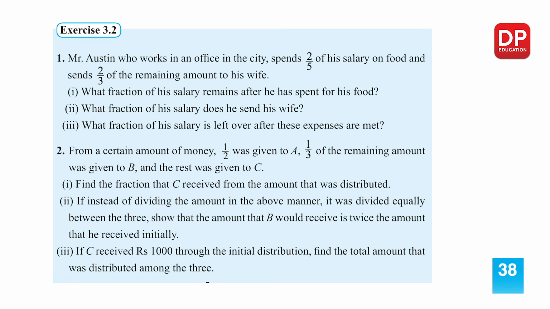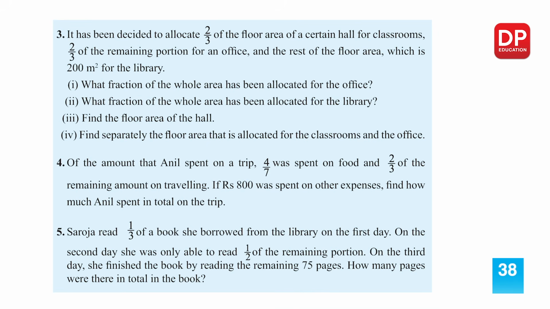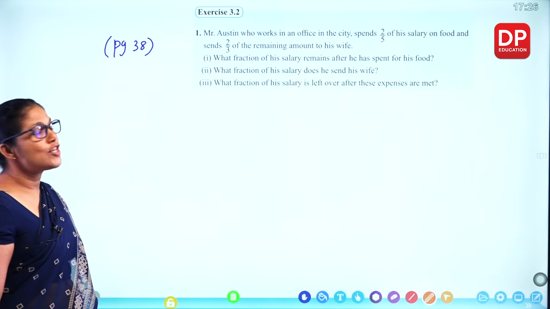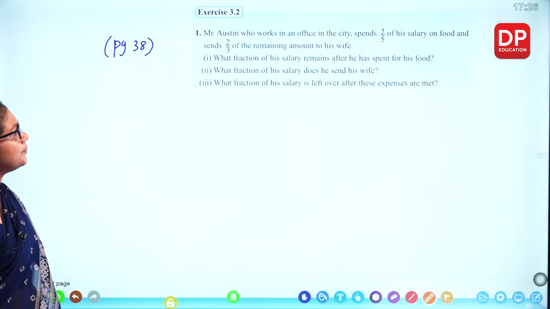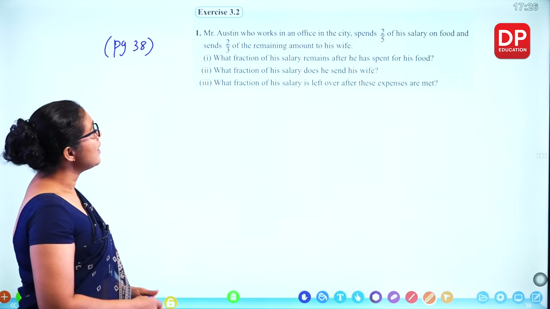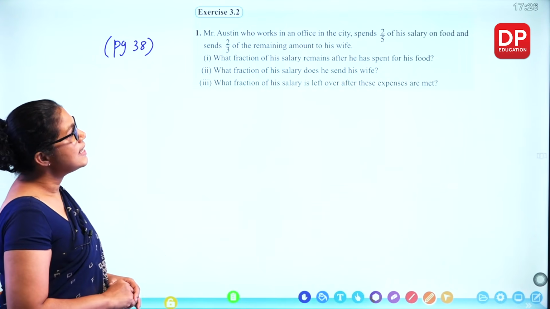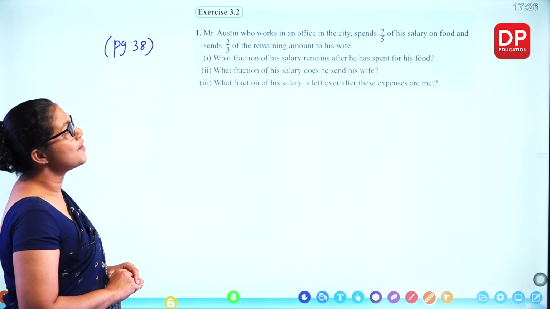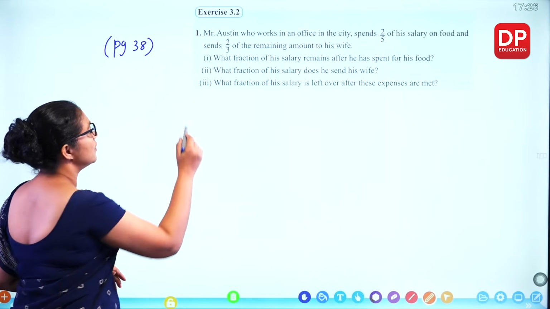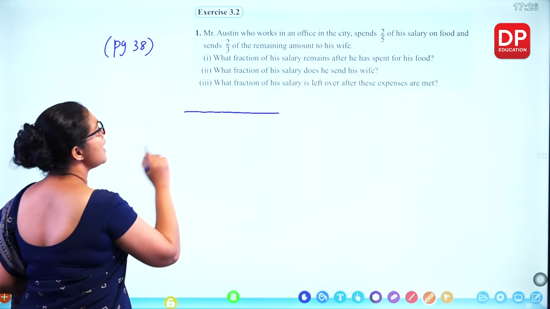Now we'll take exercise 3.2 in the textbook, page number 38. So here it says, Mr. Austin, who works in an office in the city, spends 2/5 of his salary on food. How can we represent that?